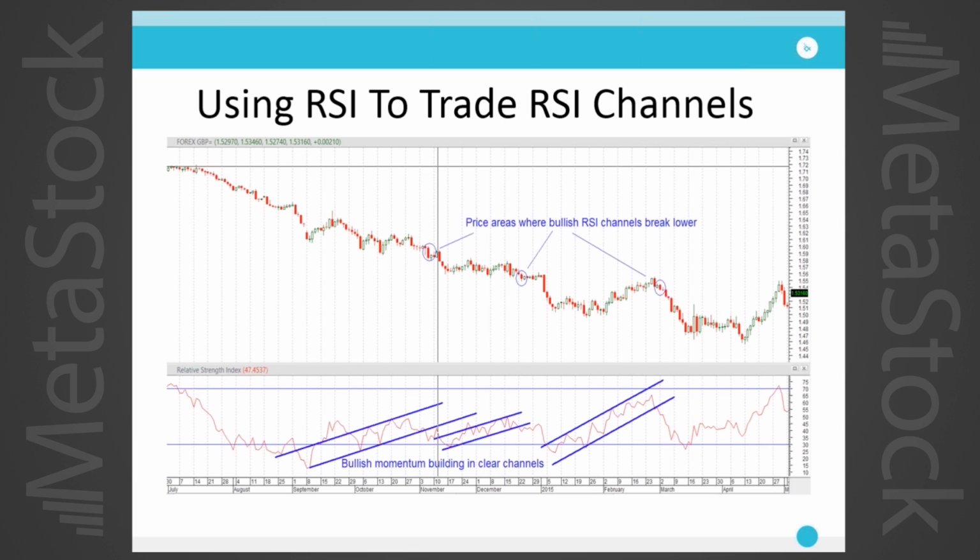So when I'm looking to trade RSI channels, what I always want to identify first is a dominant, a heavy price trend, and then I'm looking for clear momentum channels that build counter to that price trend before a breakdown, so preceding a breakdown, where I can look to enter in the direction of the trend.